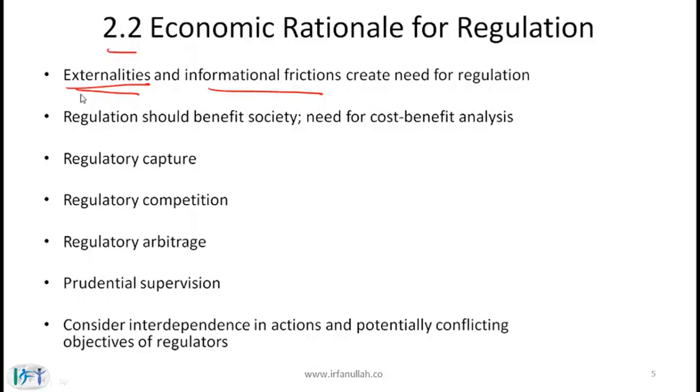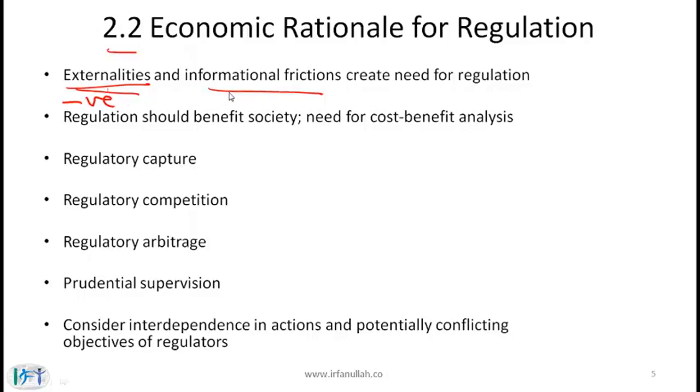This example of pollution clearly creates a negative externality which hurts the environment or hurts society in general. So if the company or the set of companies in this chemical industry are not regulated, there might be an incentive to keep polluting.